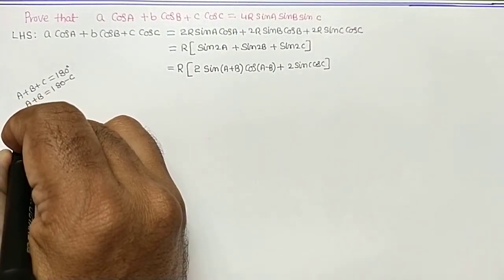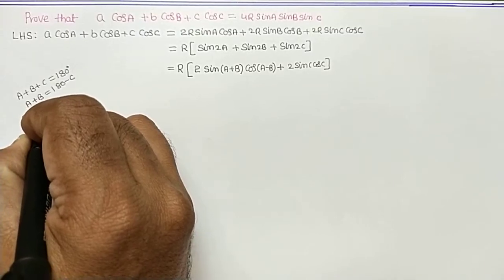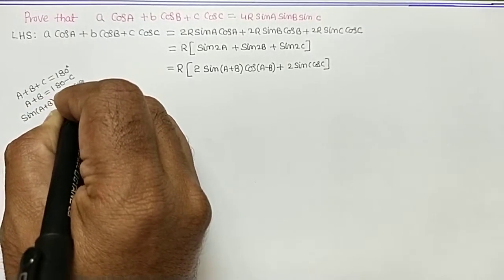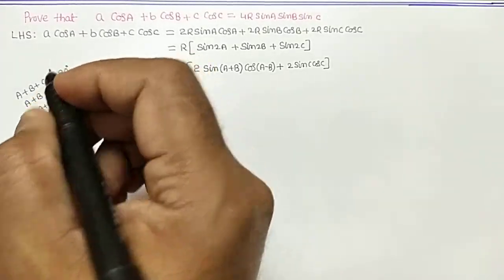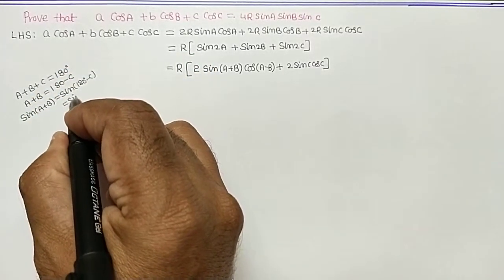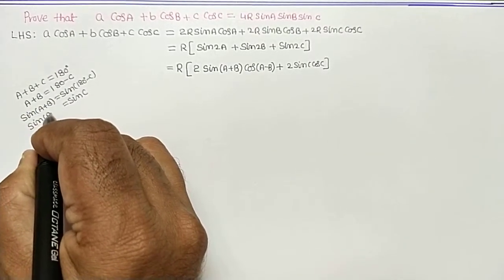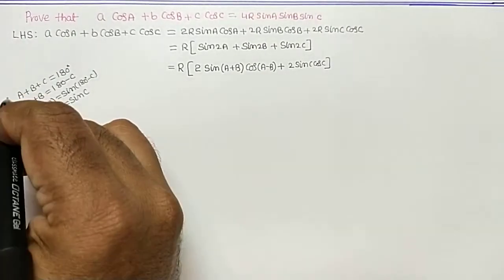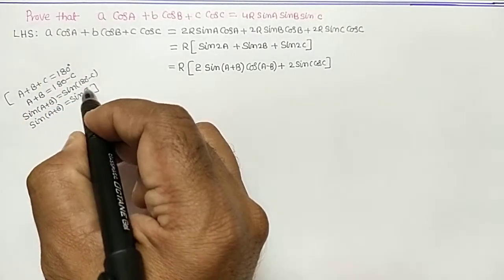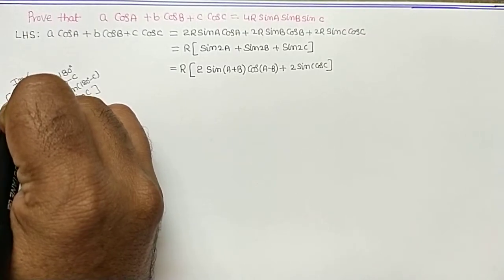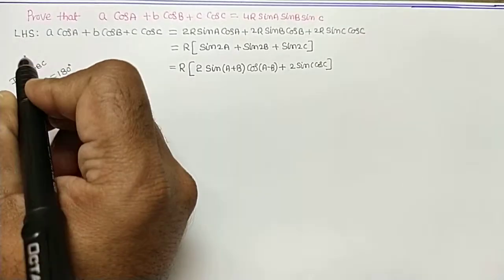So sine of A plus B equal to sine of 180 minus C. Sine of 180 minus theta is sine theta, so sine C. Wherever sine of A plus B is there, here we can write it as sine C, in triangle ABC.